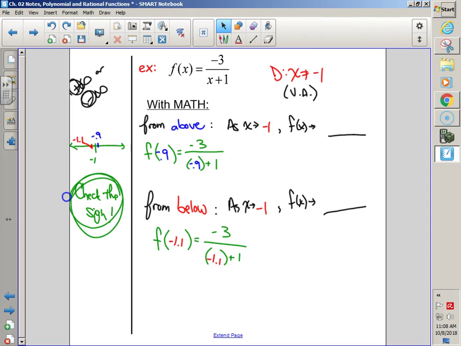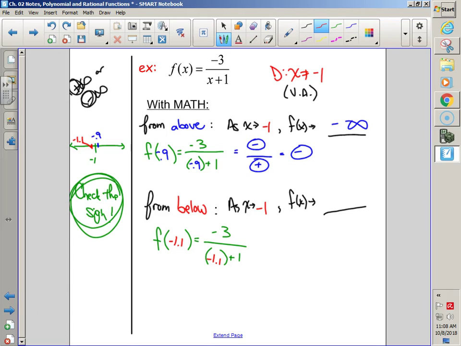If you were to plug into the numerator of this guy, well, there was nothing to plug in, so it's going to be a negative number. If you were to plug into the denominator, which is what we did, what's -0.9 or -0.99 or -0.999 plus 1? All of those numbers are going to be positive. And a positive divided by a negative is going to be a negative. Hence, I'm going to answer with a negative infinity, and I didn't even care about the value.